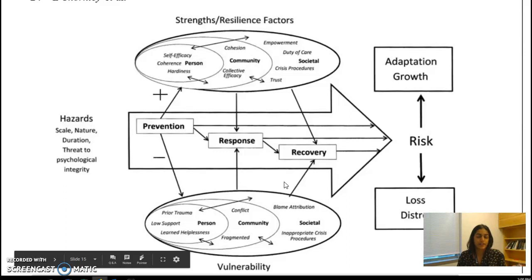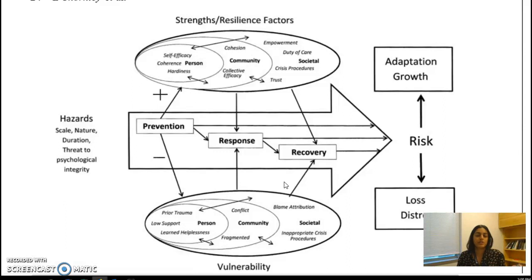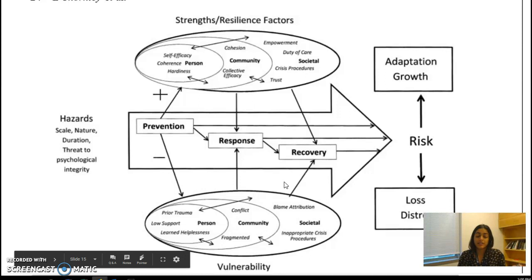For societal resilience factors, it's empowerment, duty of care, crisis procedures, trust. And for the vulnerability of societies, it would be blame attribution and inappropriate crisis procedures.